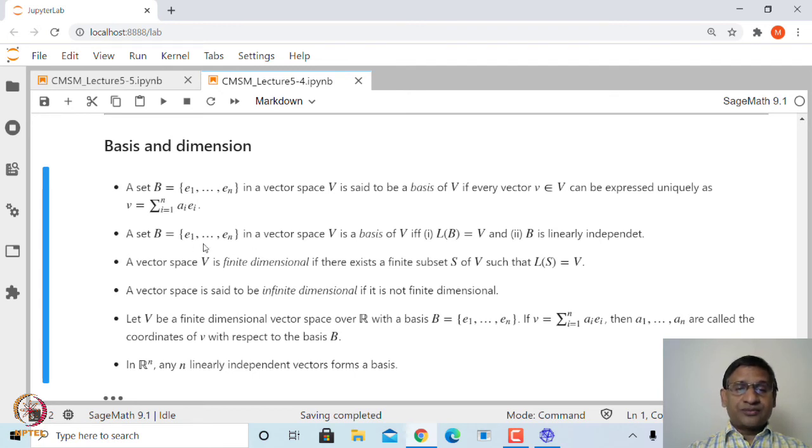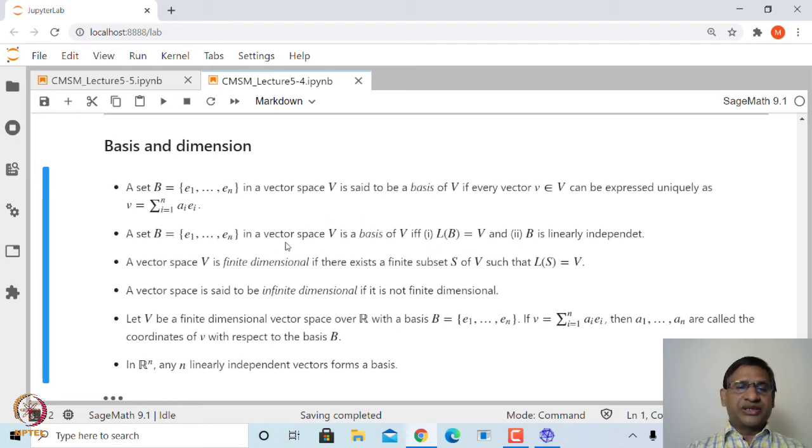And in case you have a set B = {E1 to En}, we say that it is a basis if the linear span of B is equal to the whole of V and it is linearly independent. Using this definition you can show that a basis is a set which spans V and is a linearly independent set, and vice versa.